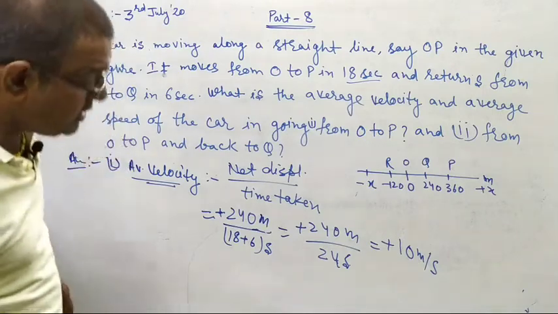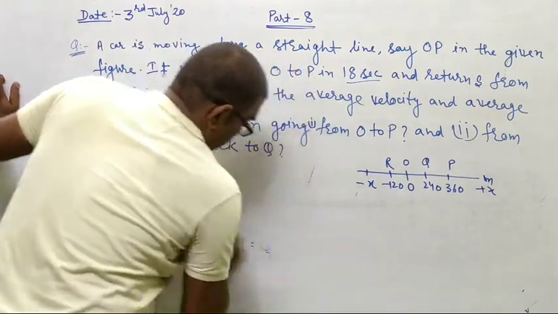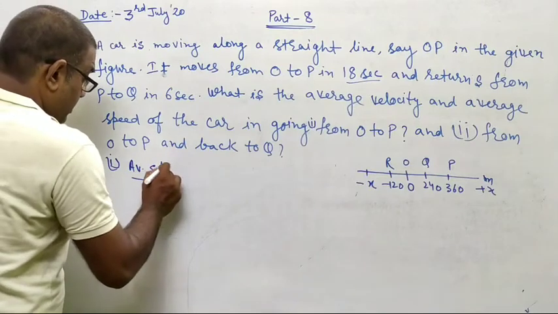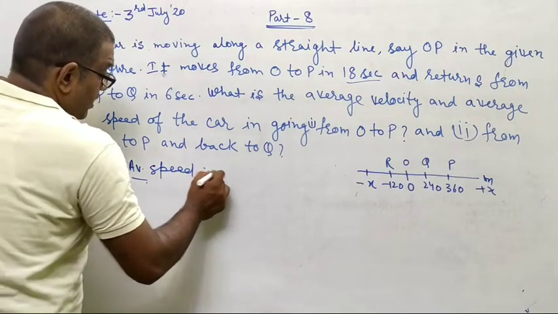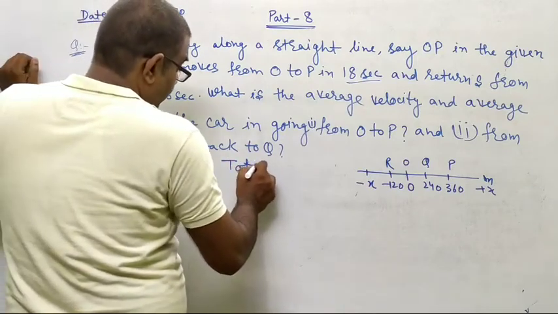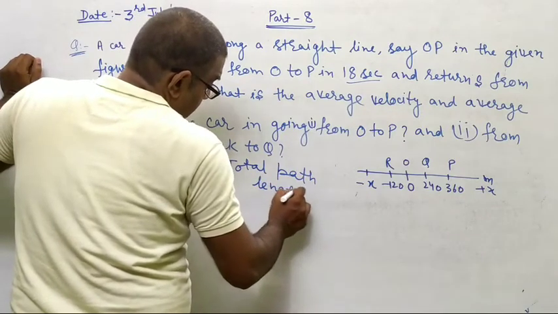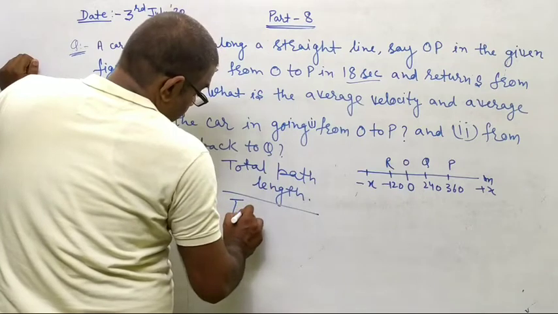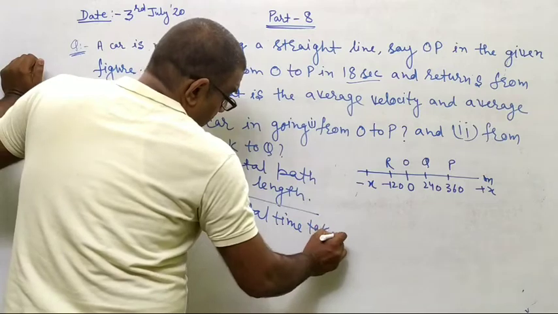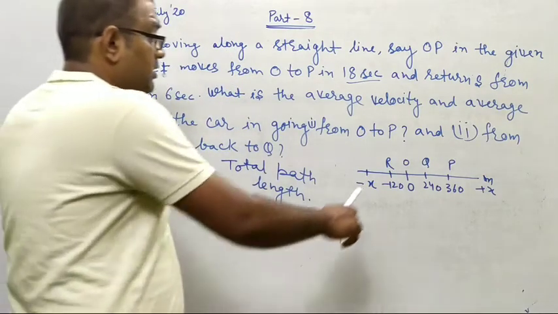Average speed in the second case: average speed is equal to total path length upon total time taken, and total path length is what?